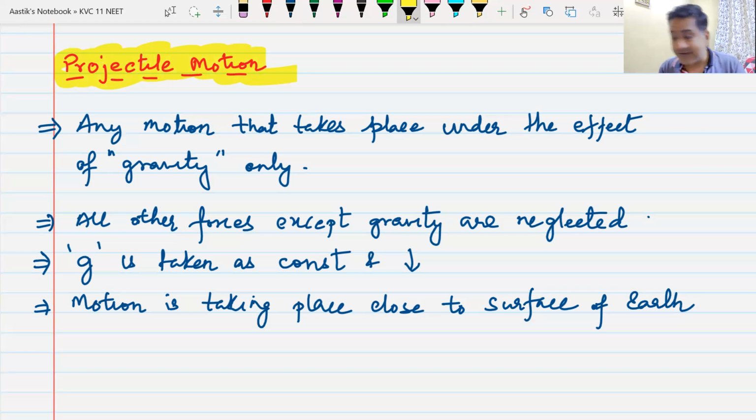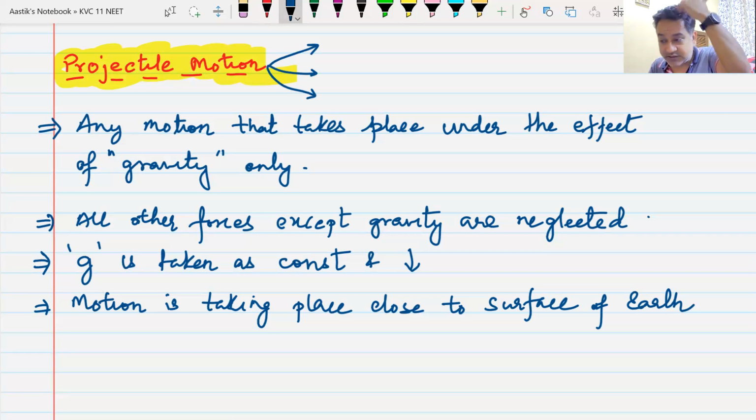Having said that, I can now classify this projectile motion in 2 or 3 categories that we are going to do. Category number 1, number 2, number 3. What could be those 3 types of projectile motion that we are going to study? The first one I can call vertical projectile.